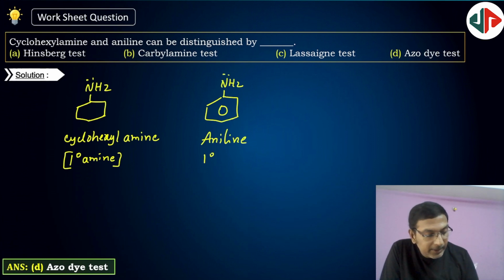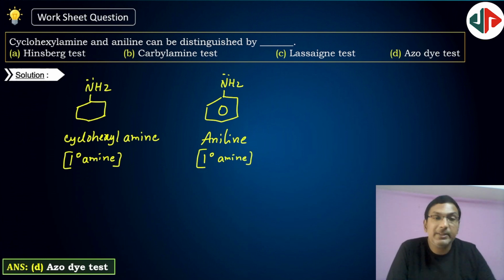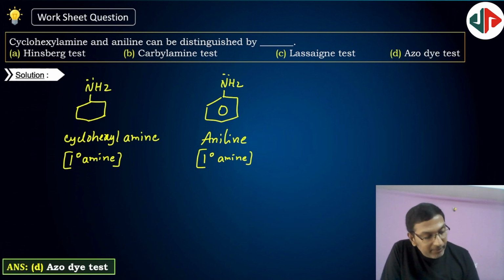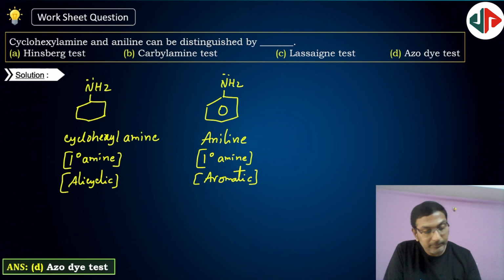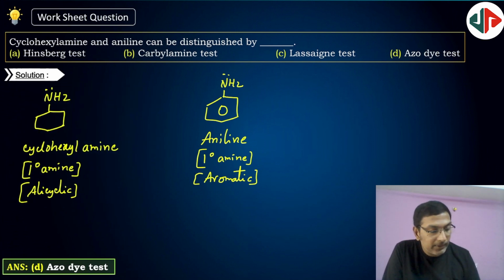This is also a primary amine. Can be distinguished by. So this is aliphatic, or we can say alicyclic. And this will be an aromatic amine. So these two are distinguished with the azo dye test, which is very important. Azo dye test.